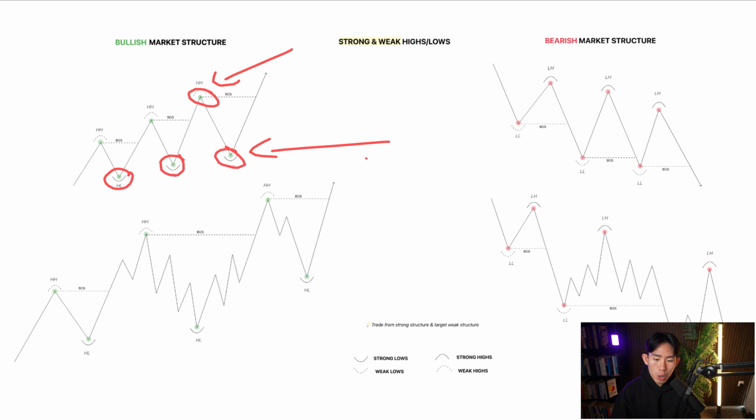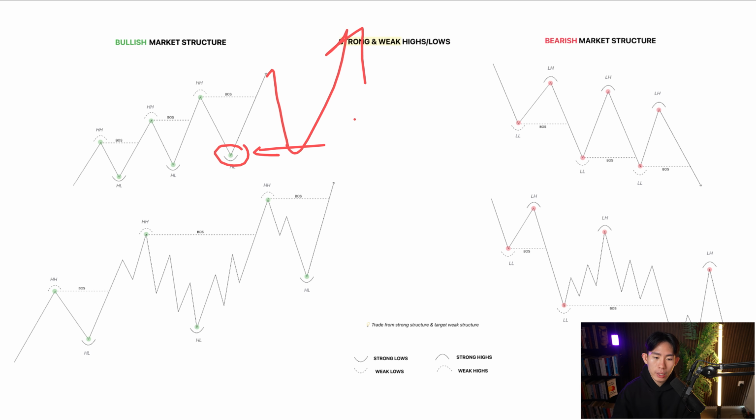And the reason we call them strong is because this is where price is most likely going to hold the next time price comes back to that area right here, to maintain this bullish trend direction. So we want to trade from these strong lows. We want to enter for longs at these strong lows and target these weak highs right here. Same thing in a downtrend, we want to sell at the strong highs and target these weak lows over here.